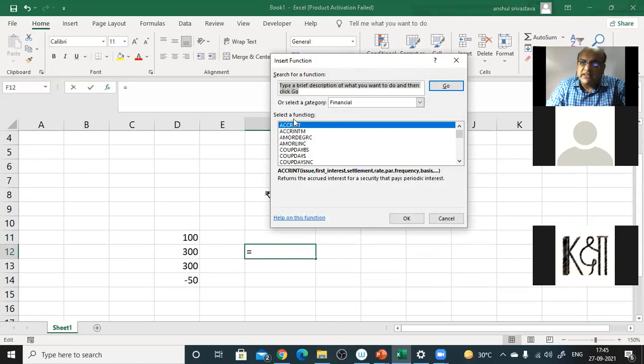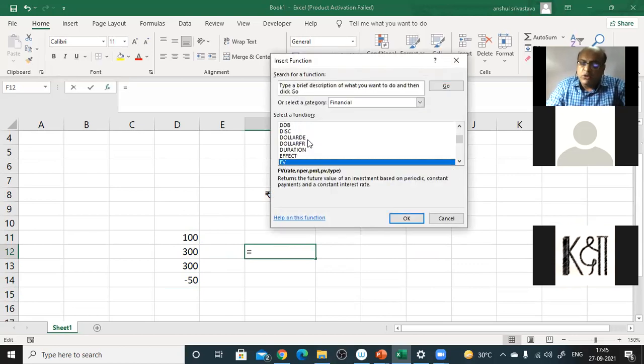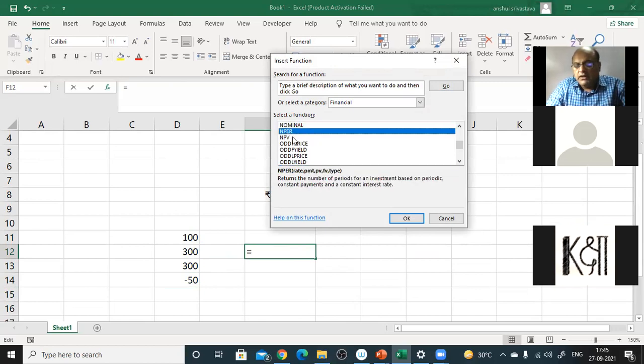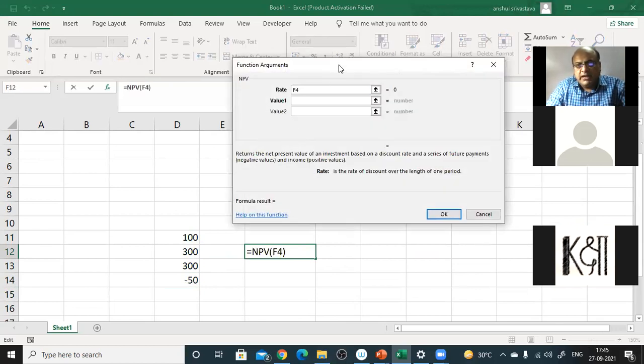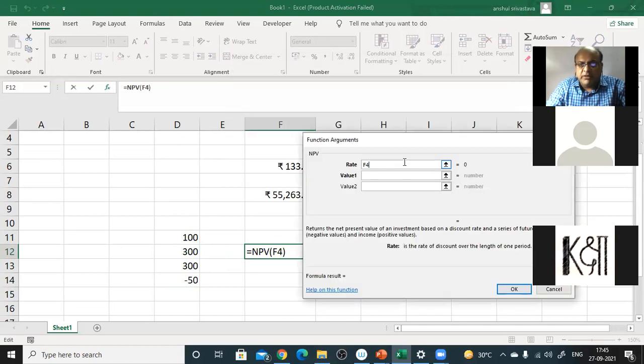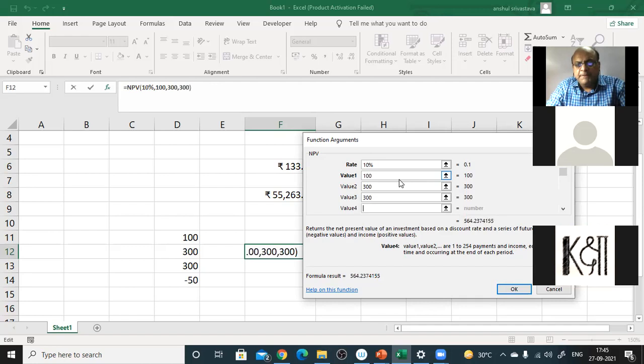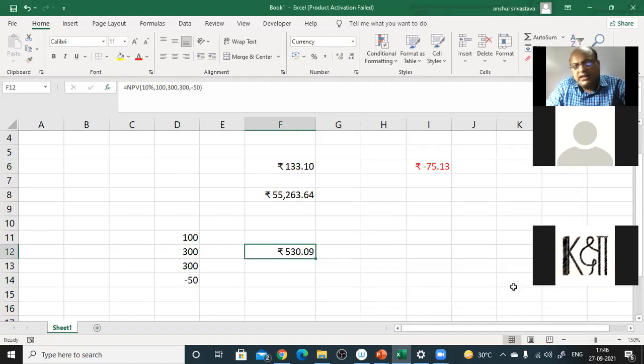So we go to FX again. In financial, you find NPV. See this. NPV, now when you're calculating NPV, rate is 10%. Value 1 is 100, then you press tab 300, then you press tab 300 and press tab minus 50. So 530.09 is the NPV.